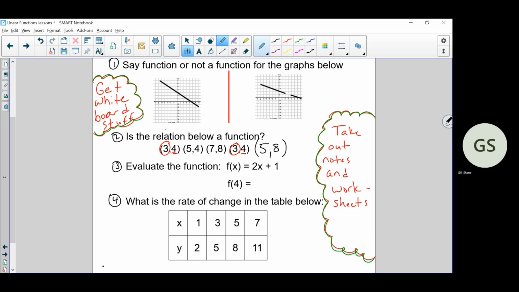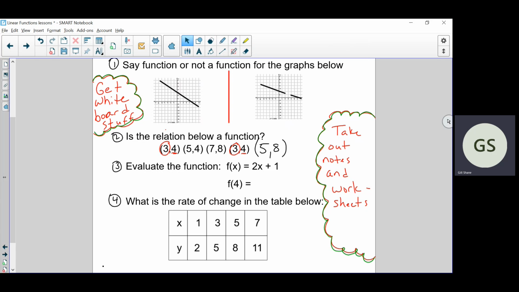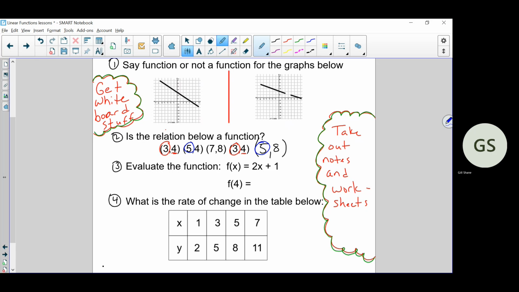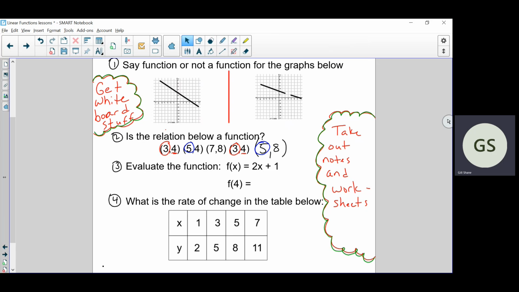No. I have x's that repeat here, but I have the same y, so I'm good with that. But now I have more x's that repeat. I have to look at these x's now that repeat. Do I have the same y? No. Then that is not a function now. Once I add that last ordered pair, that would make it not a function. I think you knew, but just to confirm.